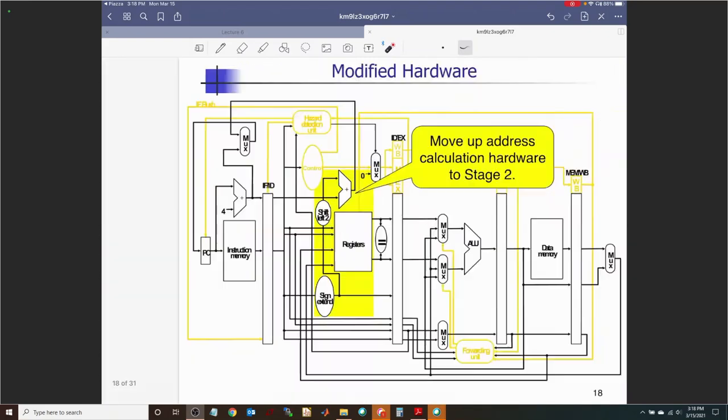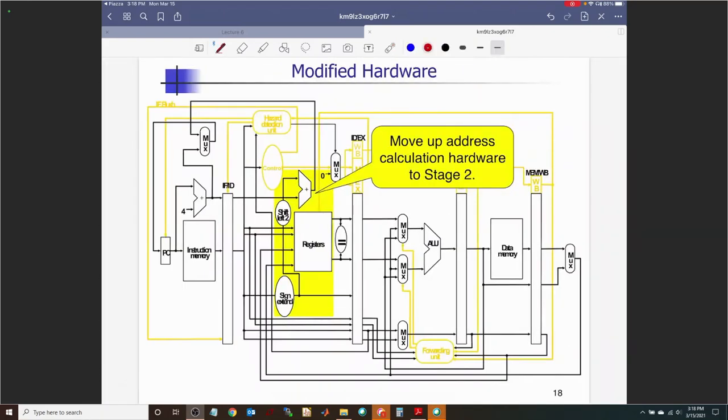So the branch destination address equals PC plus 4 plus offset. That offset is a word offset. I would need to multiply it by 4. So that's what is happening here, right? Let me use a different color.